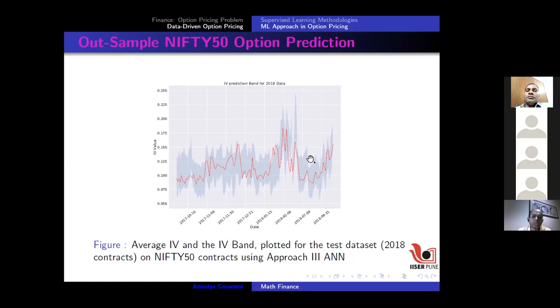So it also makes it difficult to judge whether this model prediction is doing well, or whether it is an acceptable result. So what we do is try to compare with the suggestion of a theoretical model, like the Black-Scholes model.